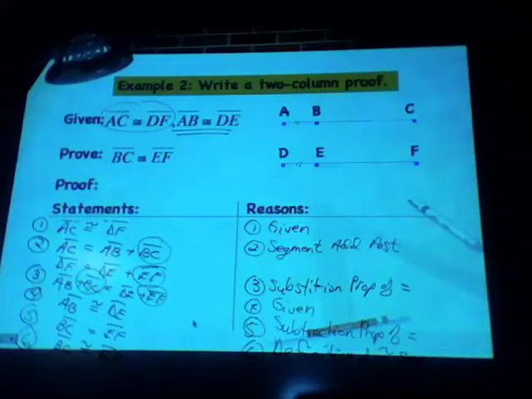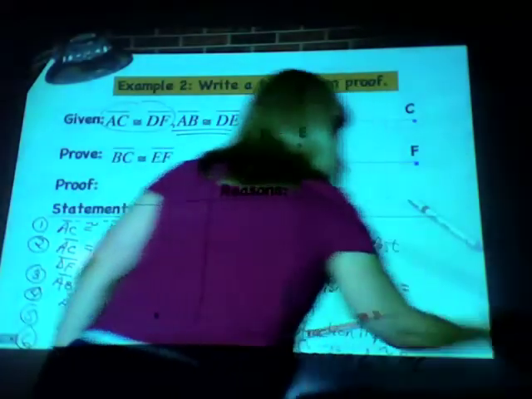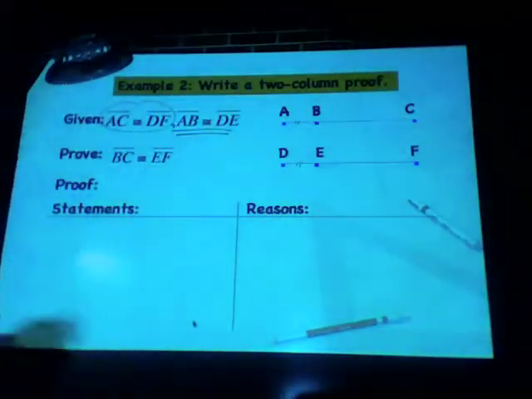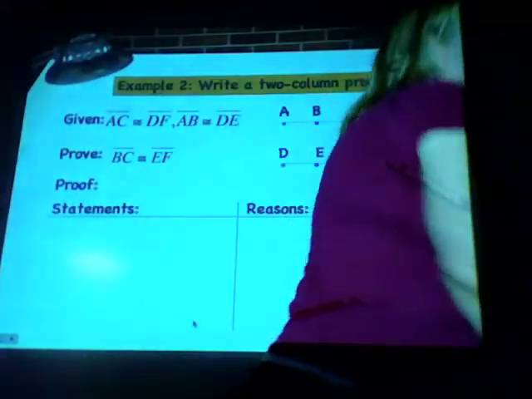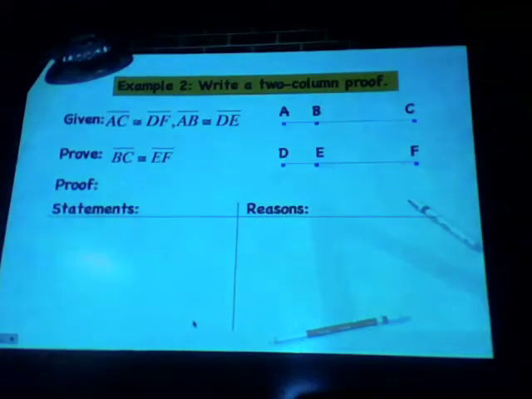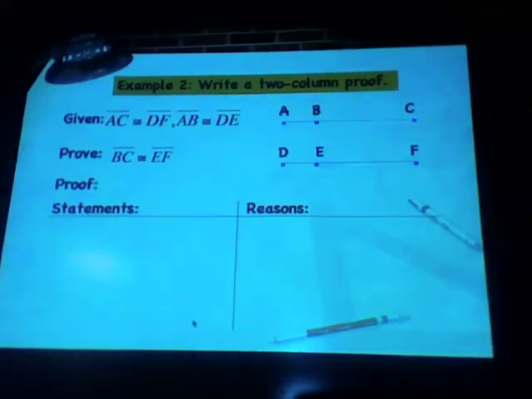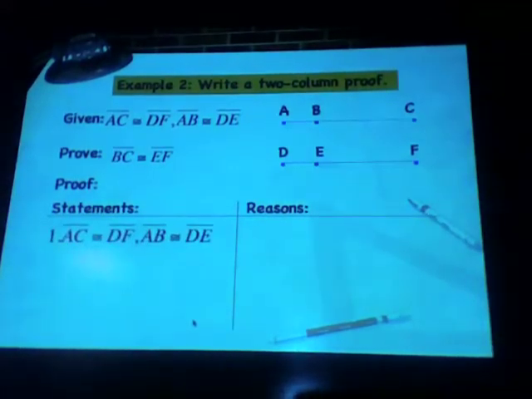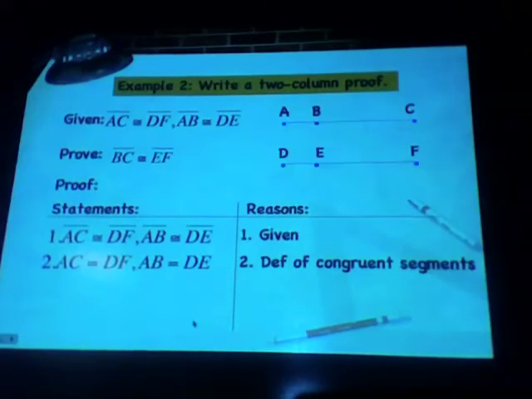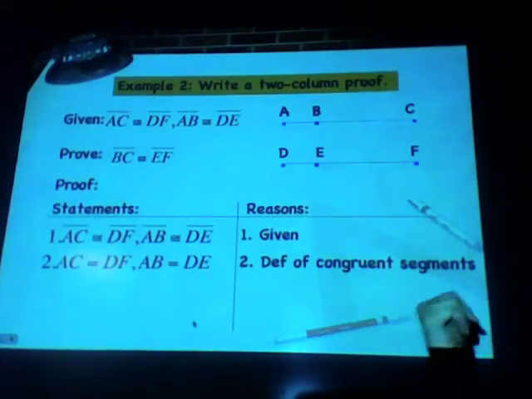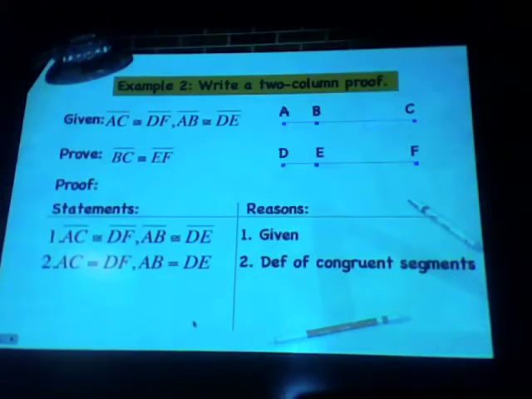All right, now can I take it off? I find the one that's on your sheet a little more fuzzy, so to speak. So they started with a whole given, right? Then from here, they changed the notation, and we know that that's congruence of segments, right?